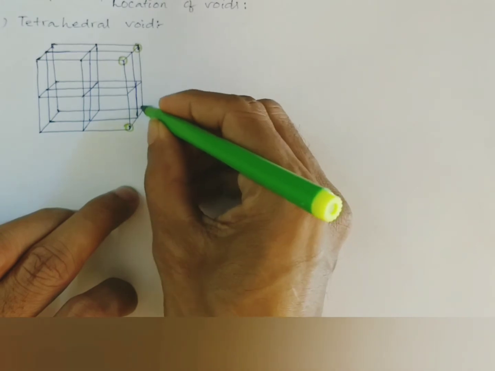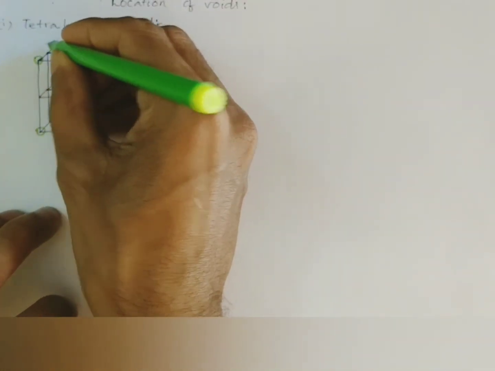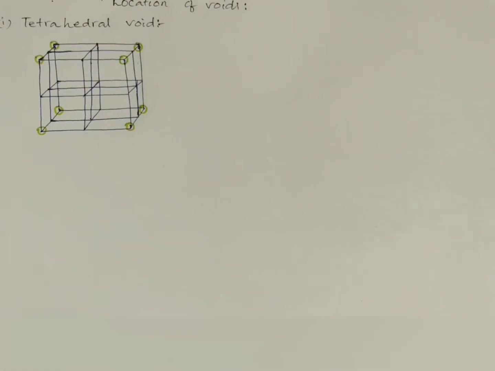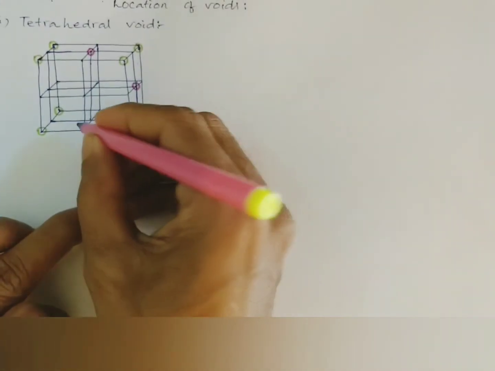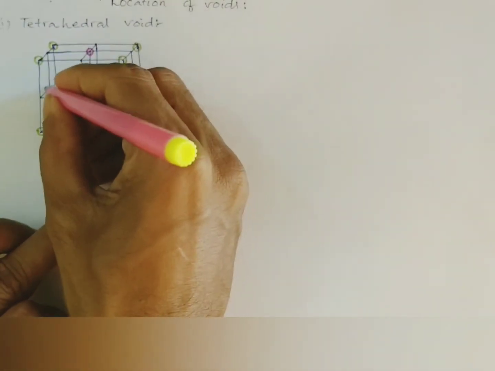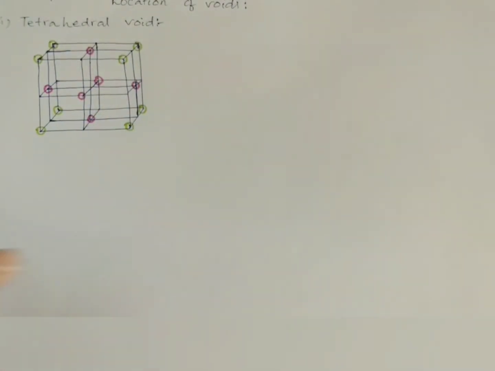These are the 8 corners and 6 faces: 1, 2, 3, 4, 5, 6. So this is the structure of face-centered cubic.